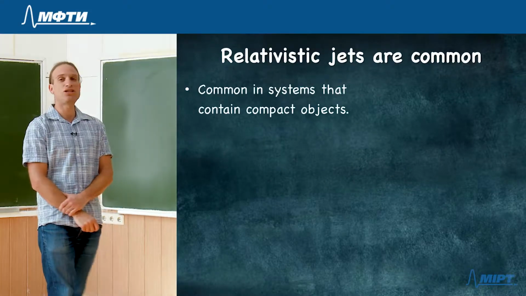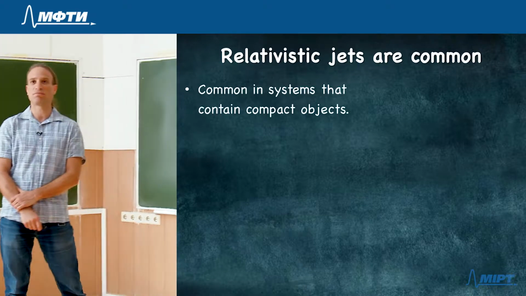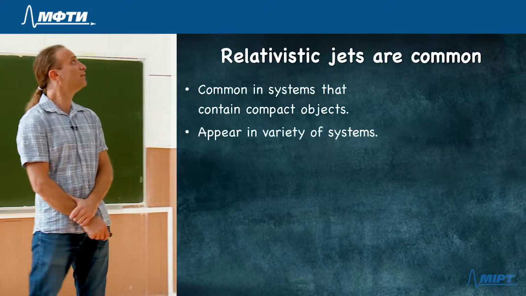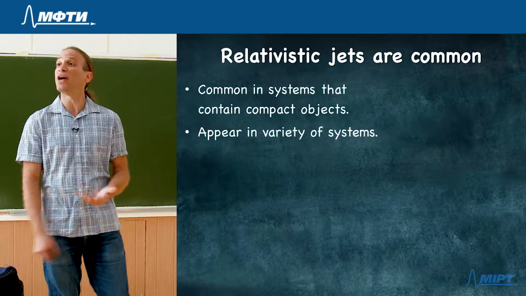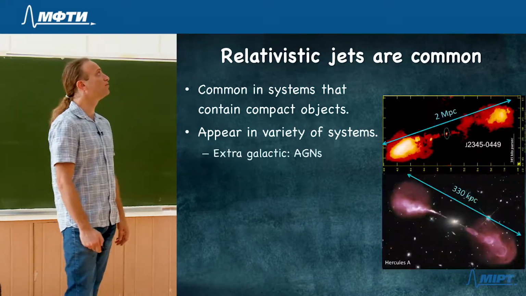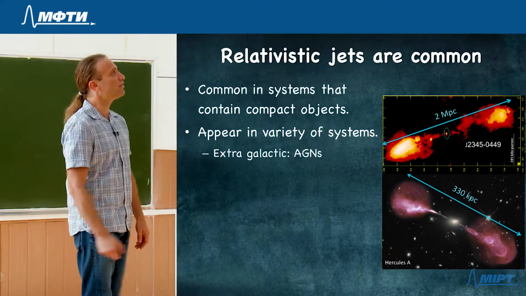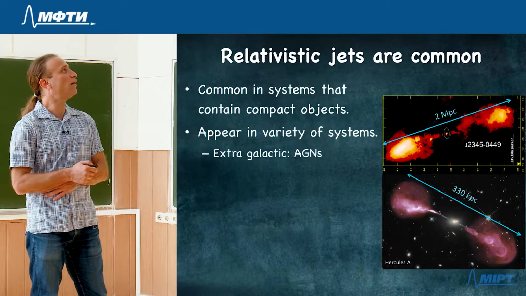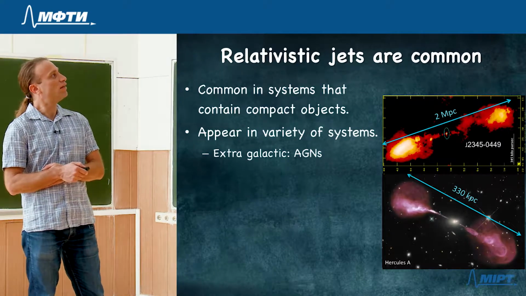Relativistic jets are common in many astrophysical systems that involve compact objects. They appear in a variety of systems that we know of. The largest jets that we know appear in active galaxies, AGNs.